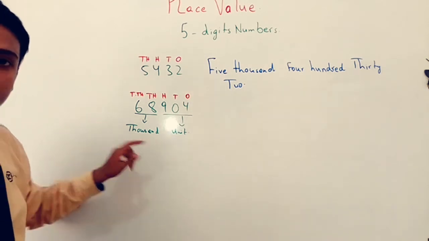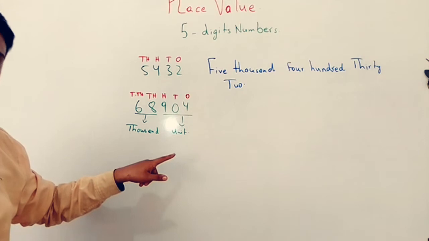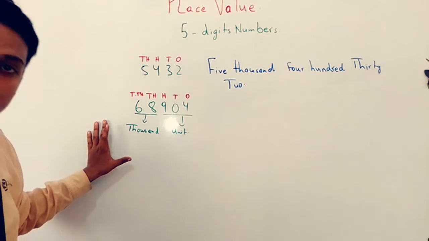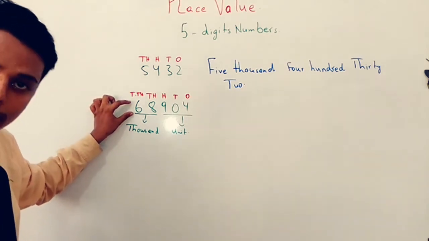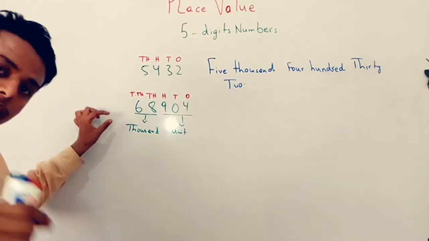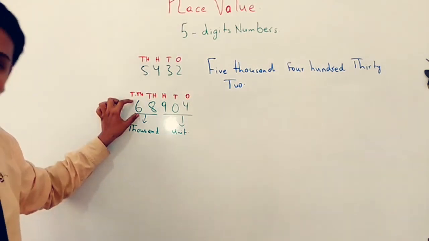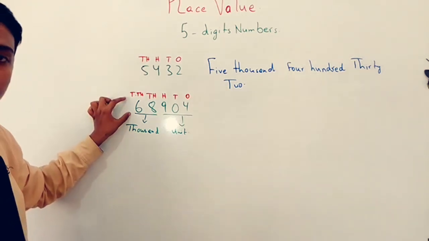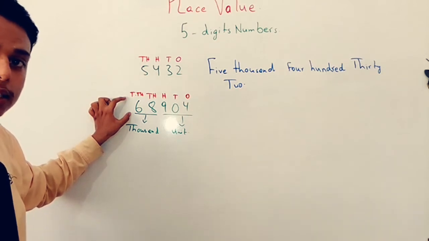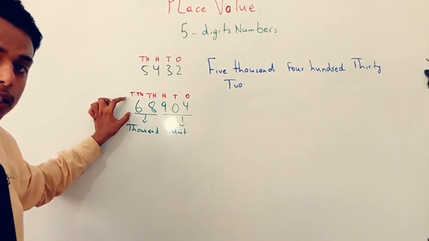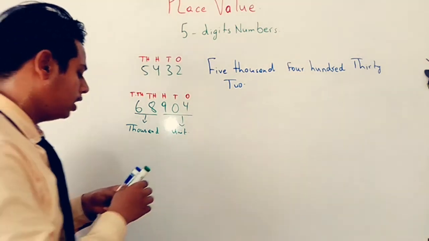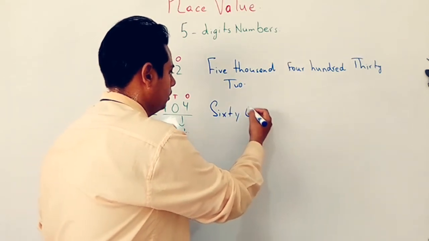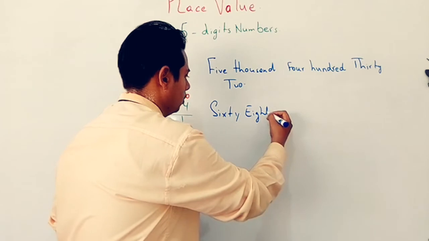Whenever we start writing the name of any number, we first write the number name, and then its family. हम पहले नंबर का नाम लिखेंगे, फिर उसकी फैमिली का नेम. यहाँ पे 1000 की फैमिली में क्या नंबर है? 68.